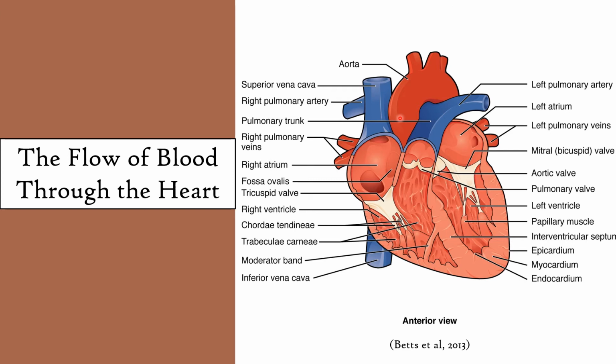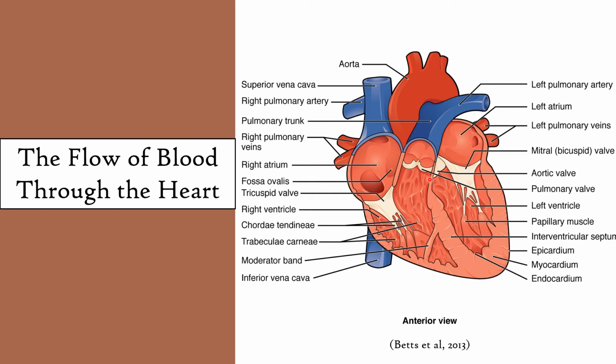You will also notice there are internal structures on this heart diagram, such as the interatrial septum, interventricular septum, and chordae tendineae and papillary muscles. So the interatrial septum is right in here, and it separates the right and left atrium.